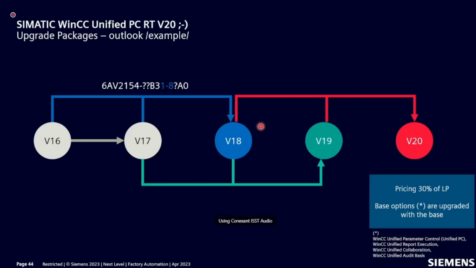These are the different ordering information and packages available to start with the unified SCADA system, starting from 1K RT tag license, so they can get parameter control, logging as well as report execution. For 10K also, we have different packages available at good pricing to start with this unified SCADA system. So that's it from my side.